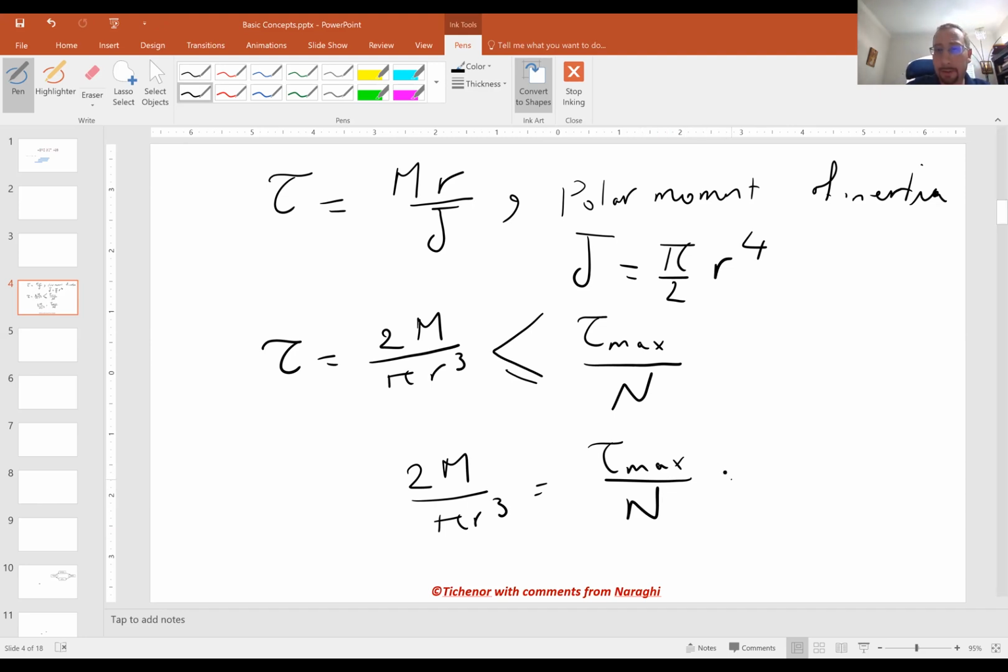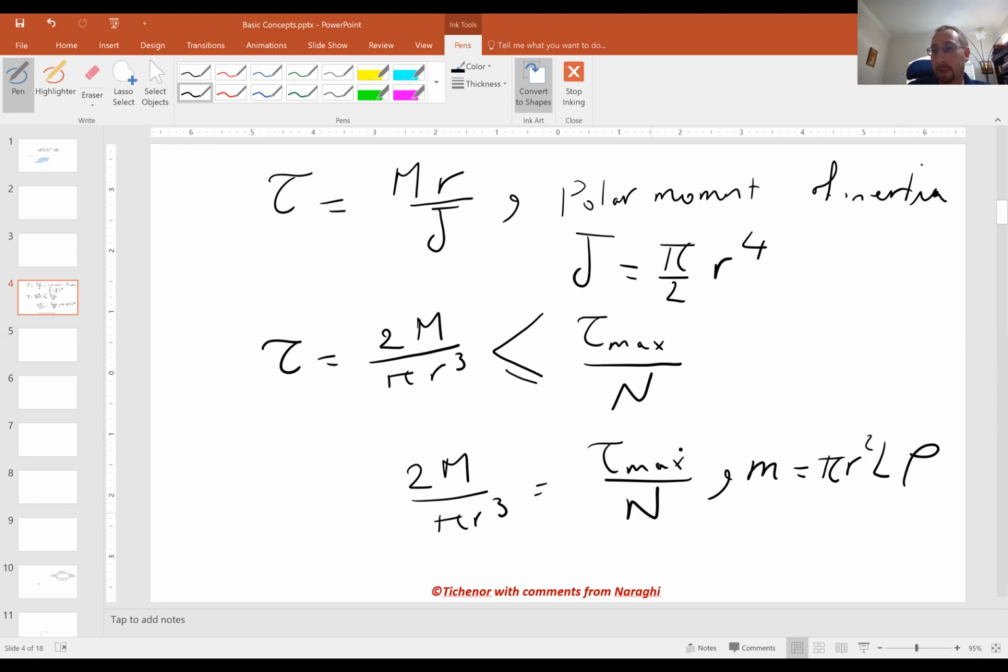Now, the other thing I know is that the mass of my cylinder that I'm trying to minimize is pi r squared times L times density.